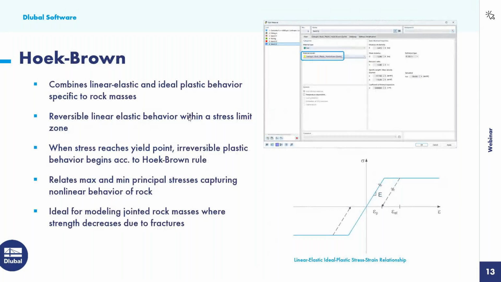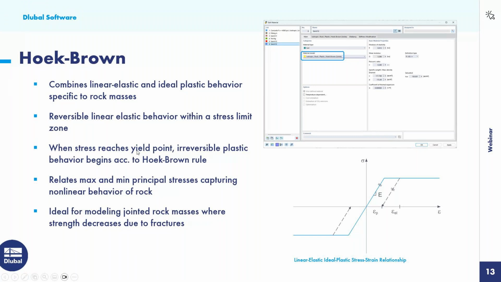And finally, we have the Hoek-Brown. This is going to combine linear elastic and ideal plastic behavior, but it's going to be specific to rock masses. So we have reversible linear elastic behavior within a stress limit zone. And this is all going to sound very familiar because the stress-strain diagram, as you see, looks very similar to the Mohr-Coulomb.